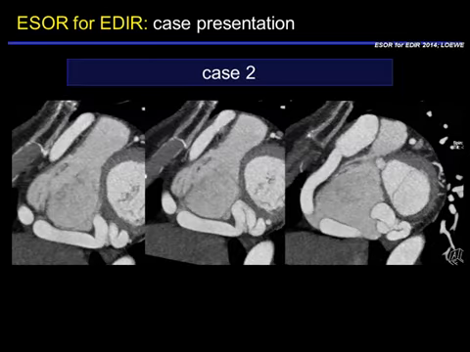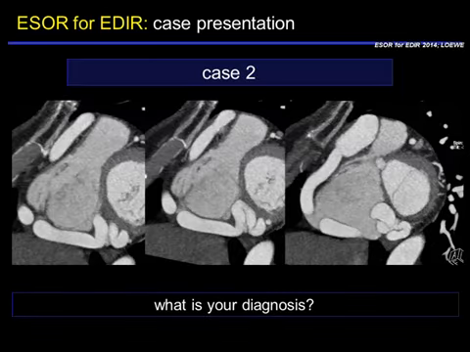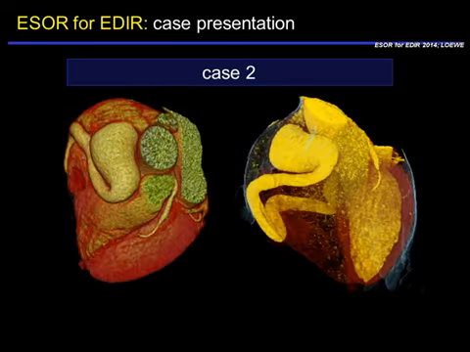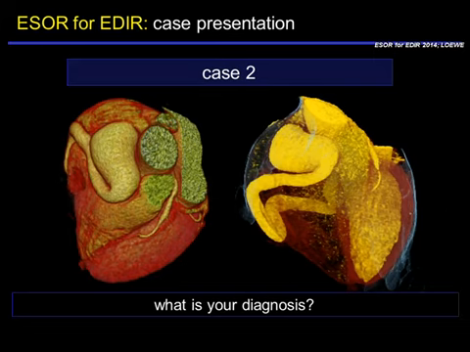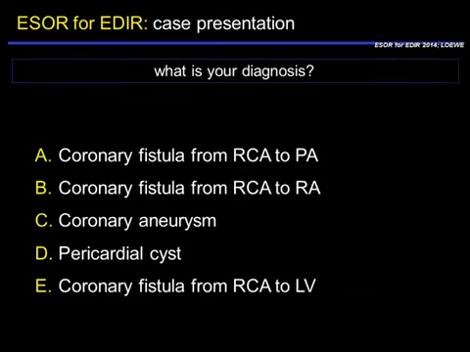Just some maximum intensity projections here, and the question remains the same. What is your diagnosis in this case? Even colored images, giving a really nice impression of everything. So is it a coronary fistula from the RCA to the pulmonary artery? Is it a coronary fistula from the RCA to the right atrium?